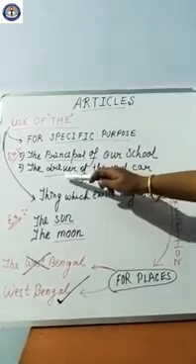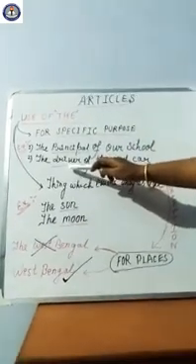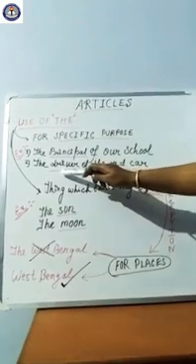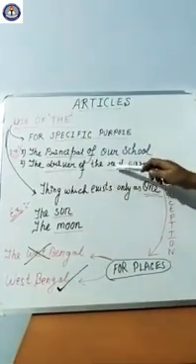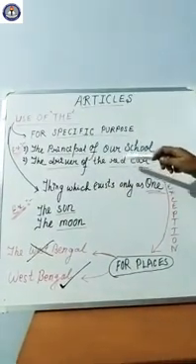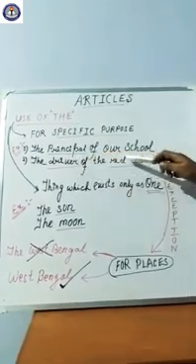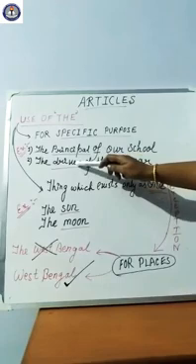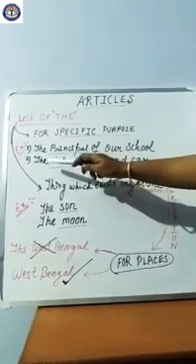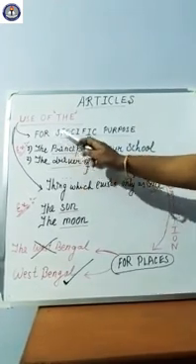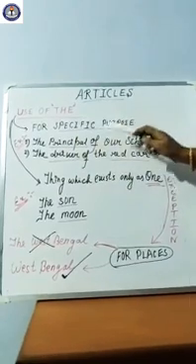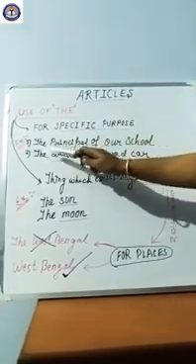So there are many drivers. But in this sentence it is said the driver of the red car. Which driver? The driver of the red car. So here before driver we use The. For a specific purpose we use The.